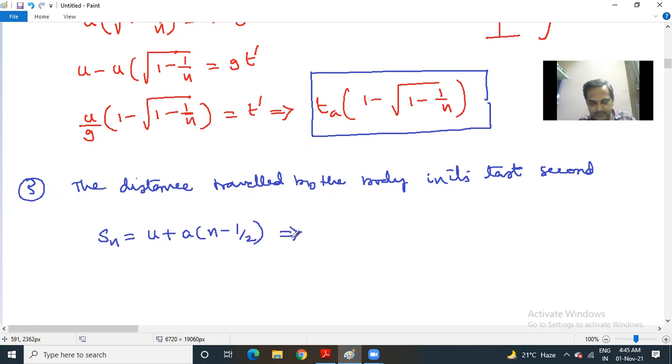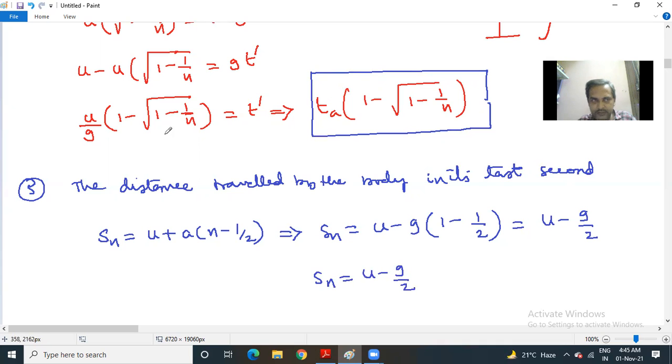Now in the last second we are talking about S n, so this is what we are looking for, u minus g, because moving under gravity a is permanently negative. You can write the last second is also 1 second only. It will be 1 minus 1 by 2. So therefore it will be u minus g by 2. So S n is equal to u minus g by 2.